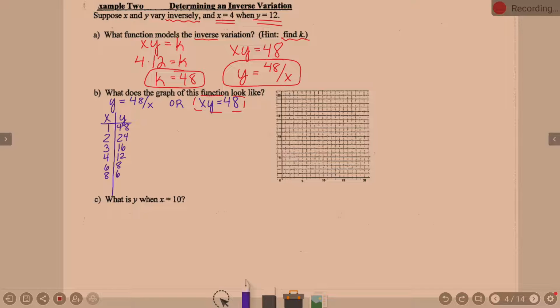Well, here I'm going to keep going. So if 8, 6 is a pair, so is 12 and 4, so is 16 and 3, so is 24 and 2, and 48 and 1.